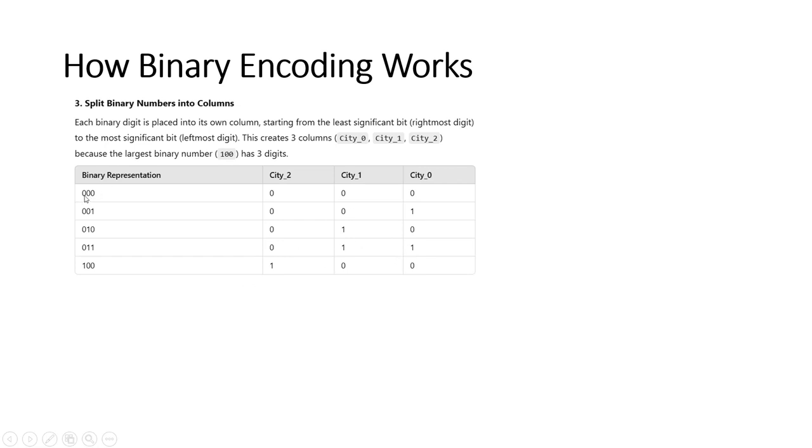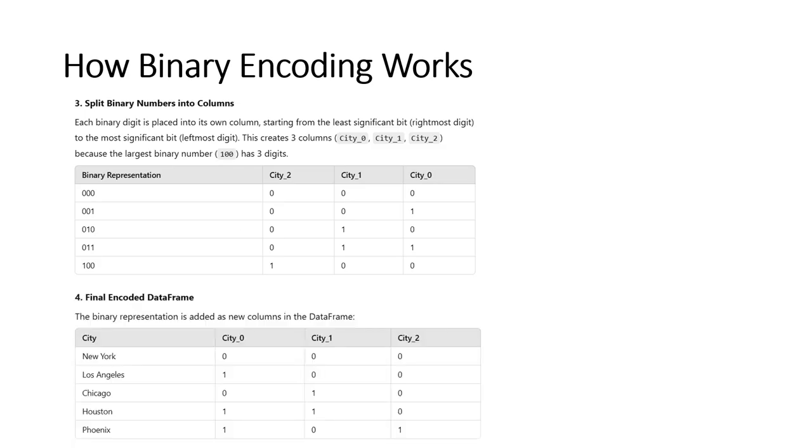Whatever number of digits it creates, that is the number of columns. After that, we get the final encoded data frame. For example, New York will be 000, Los Angeles will be 100, Chicago will be 010. So this is how binary encoding works. I think you understood binary encoding, so let's move to the next encoding type.